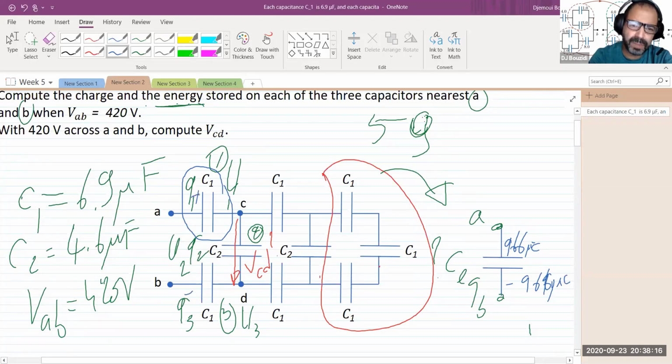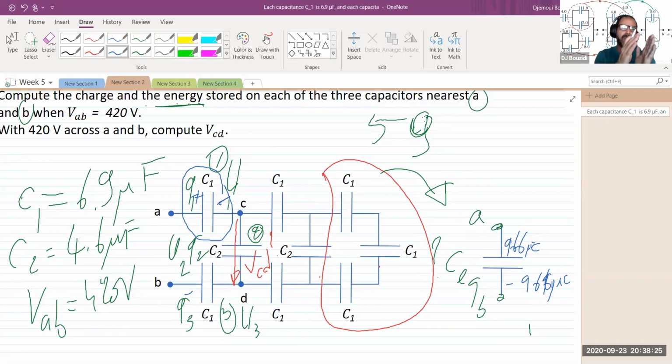If I have a positive here, I have a negative here with the same value. That is basically the whole purpose of the capacitor.